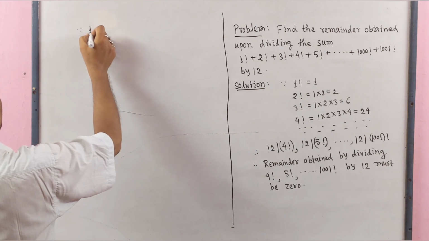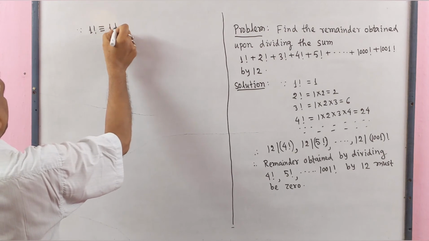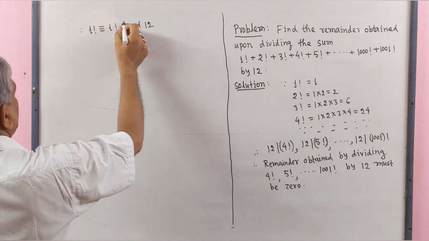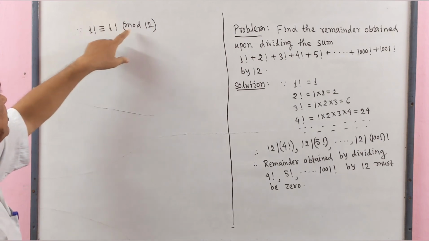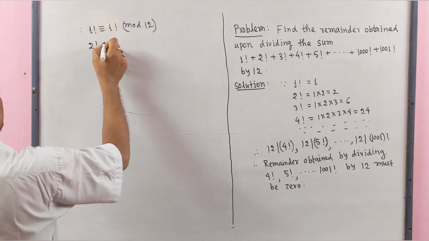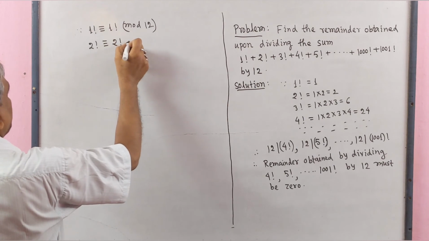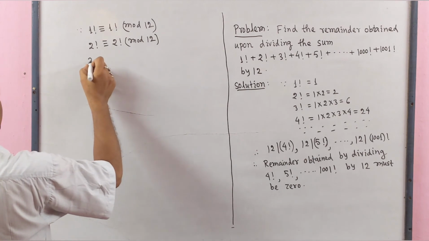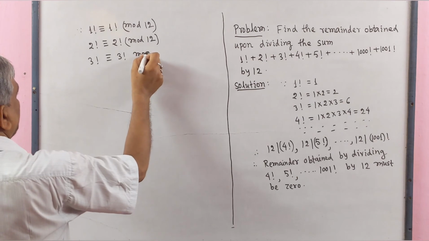Since factorial 1 is congruent to factorial 1 modulo 12, because factorial 1 minus factorial 1 equals 0, which is divisible by 12. Factorial 2 congruent to factorial 2 modulo 12. Factorial 3 congruent to factorial 3 modulo 12.